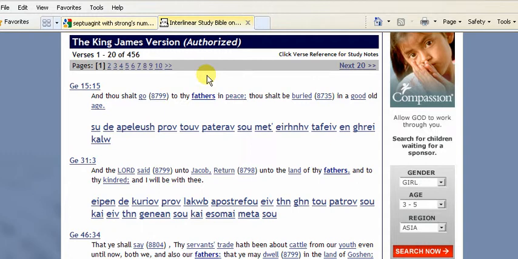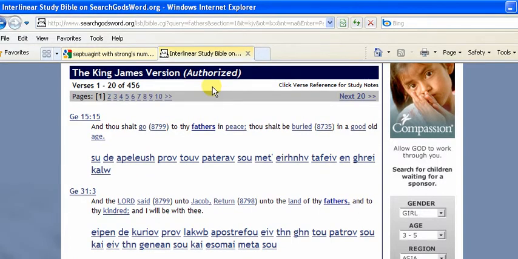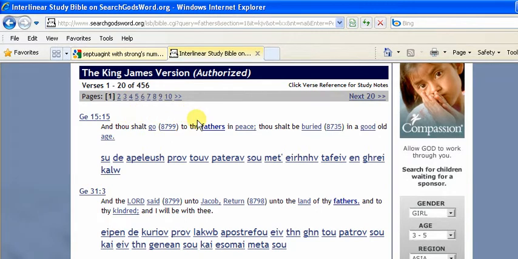So what I've done is I've pulled up a search on the word fathers, and we see in Genesis 15:15, "And thou shalt go to thy fathers in peace, thou shalt be buried in a good old age."